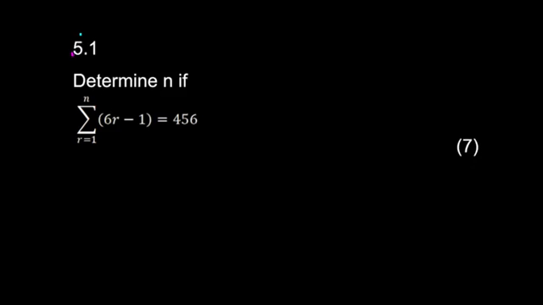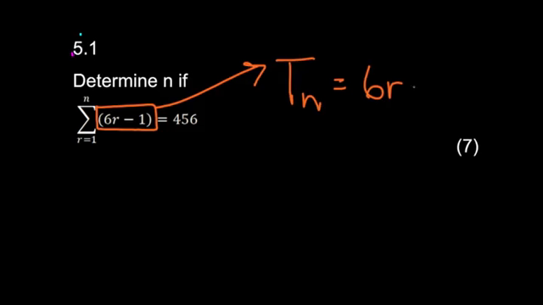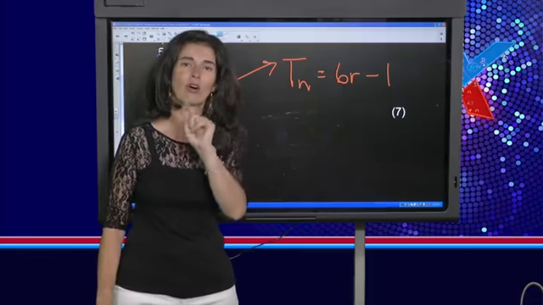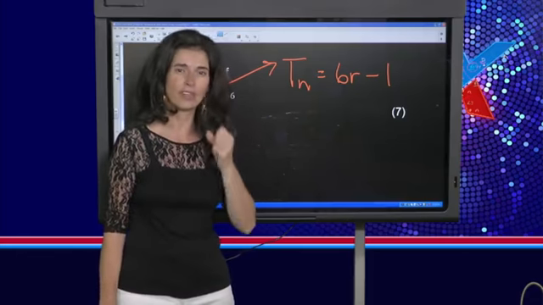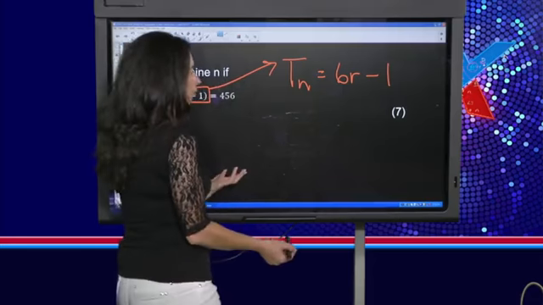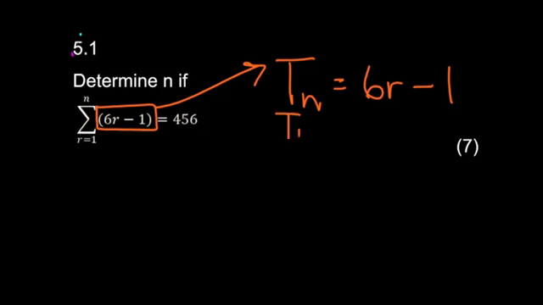The first one is that sitting here is my general term. So that is my Tn. So Tn is 6r minus 1. And you know how powerful that is? With that Tn, I can tell you exactly what any of the terms in the sequence are. That's the function of the general term. So if I want the first term, I'm getting 6 minus 1.